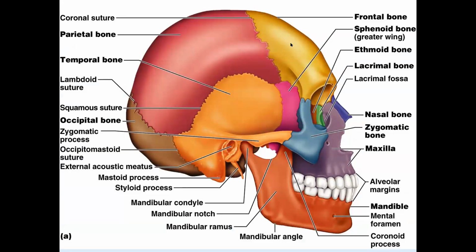So remember, here's the frontal bone, here's the parietal bone, and between them, you have your coronal suture. So it was lambdoid suture, squamous suture between the parietal bone and the temporal bone, and it is now coronal suture between the parietal bone and your frontal bone.